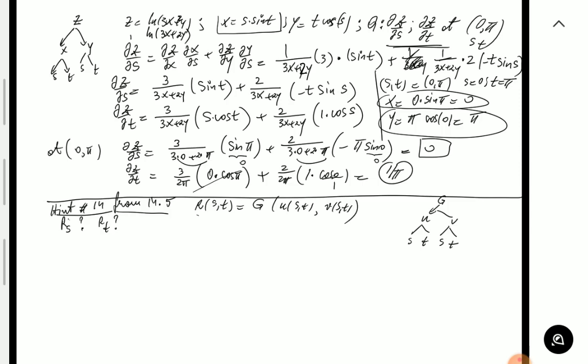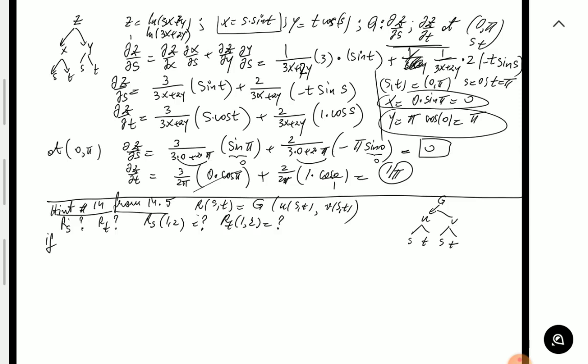So in the problem, you're asked to compute partial s of r at the point 1, 2, and then partial t of r at 1, 2, knowing the following values.